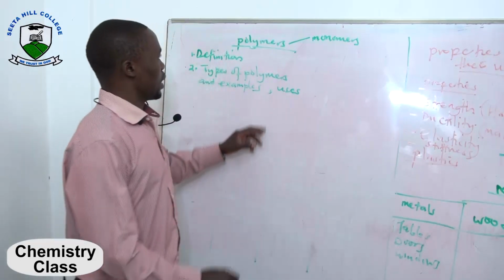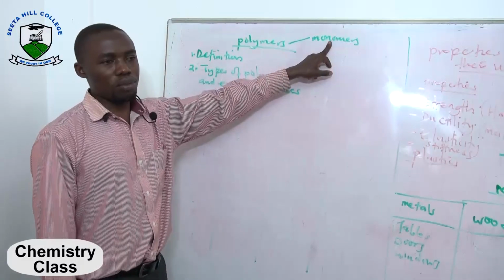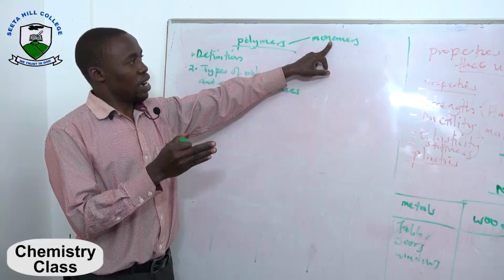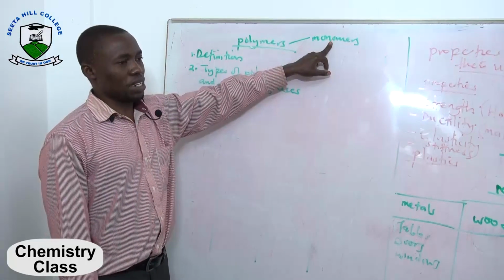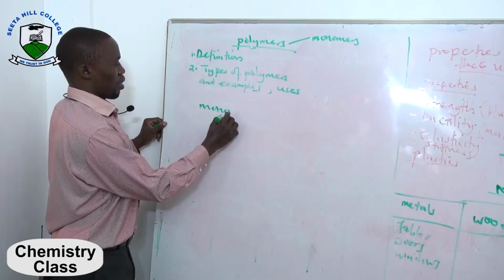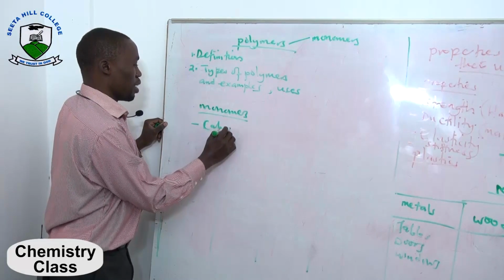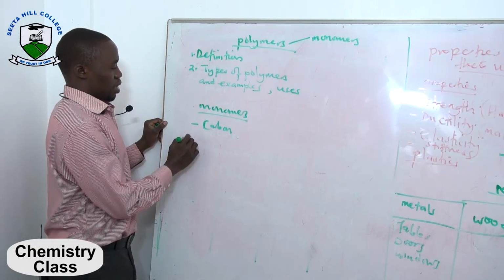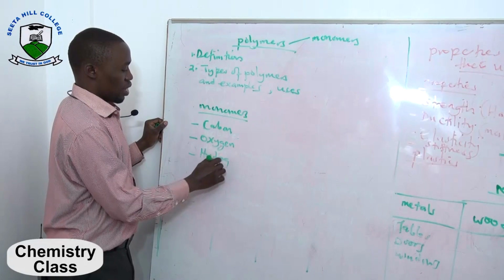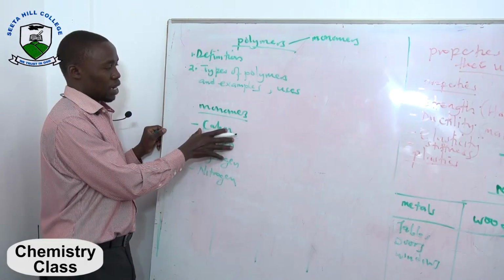Within the monomers there is carbon. They also have oxygen. They also have hydrogen. Some few have some nitrogen in them. These are elements that make up a monomer.